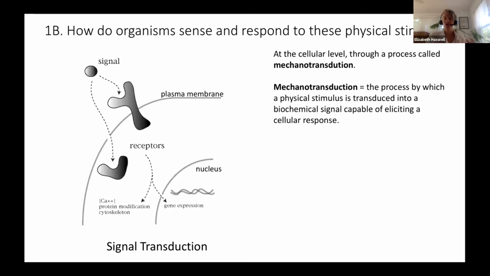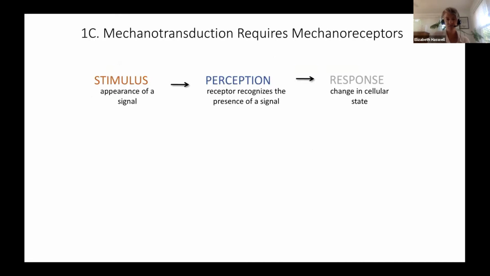So the question, if you want to work under this paradigm, is how do you do this when the signal is not a molecule? It's not a hormone, it's not a nutrient, it's not a morphogen, it's physics. It's a physical signal. And trying to understand how this whole pathway is started from a physical process rather than a biochemical signal, that's exactly what my lab works on, and is exactly the question of mechanoperception.